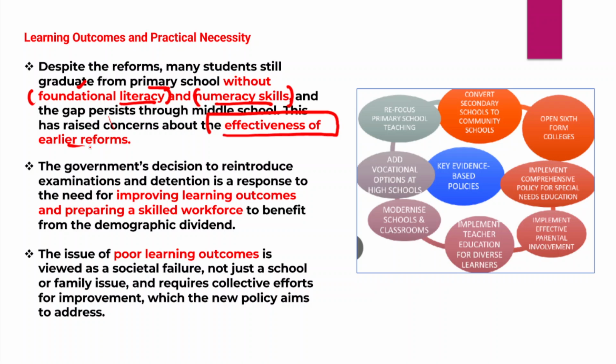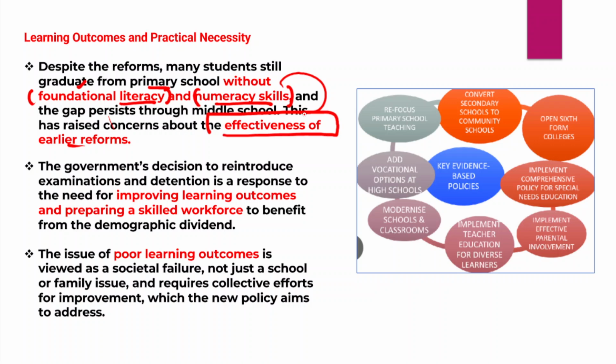So that is the main problem, and because of that, students at the primary level are lacking foundational literacy and numeracy skills, and this is further carried on to the middle levels of schooling, and it would be further carried on to the higher levels of education also. So therefore there is an urgent need to look into this and bring in appropriate reforms.